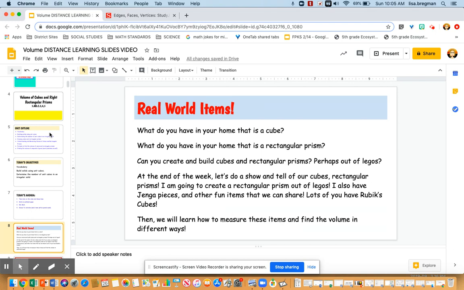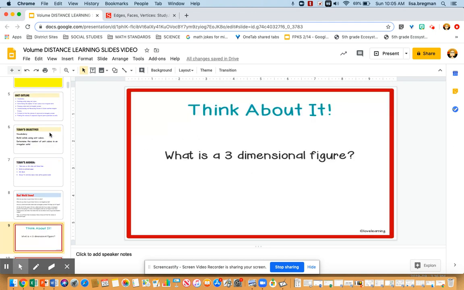At the end of the week, let's do a show and tell, perhaps with Flipgrid or just uploading images or pictures to Google Classroom of all the cubes and rectangular prisms you might have in your house. And I'm going to be creating some out of Legos. I have some Jenga pieces. Be creative. Find some rectangular prisms in your home, and I will show you some pictures of those.